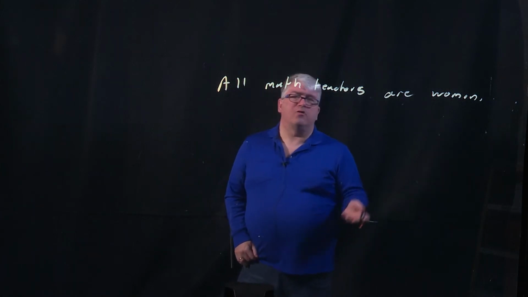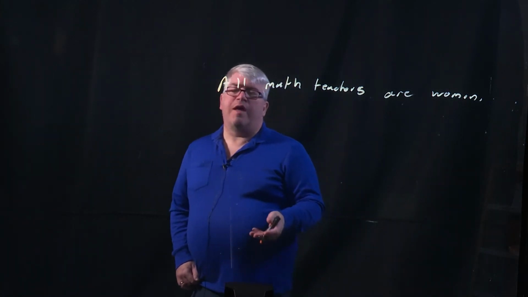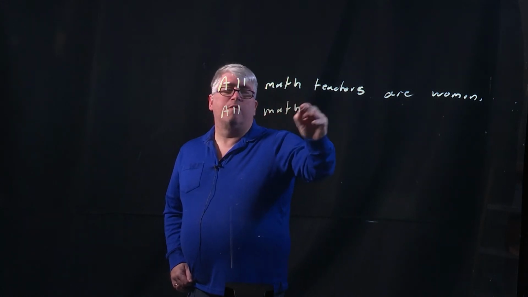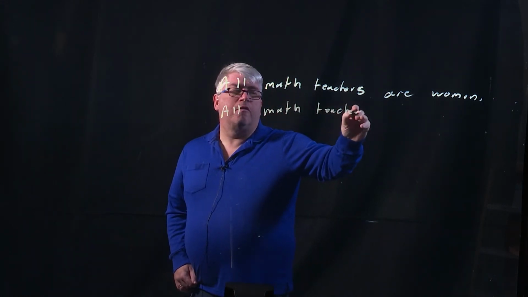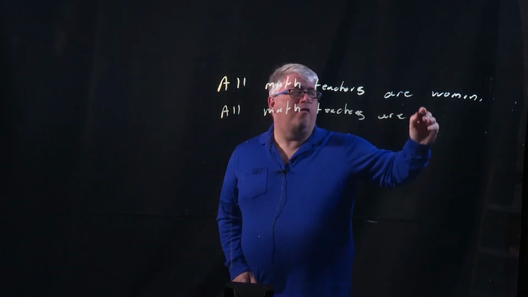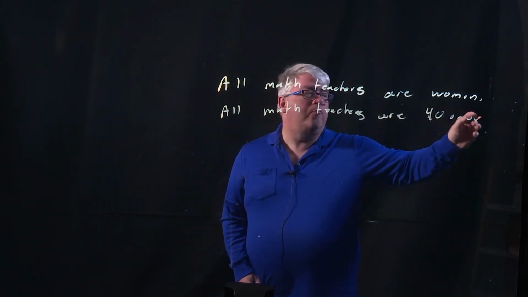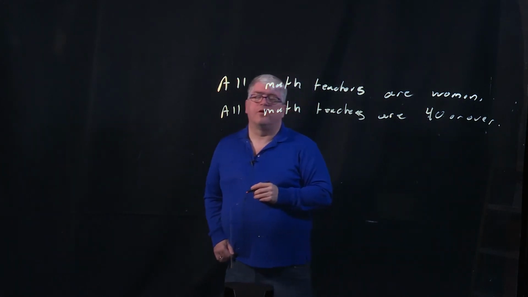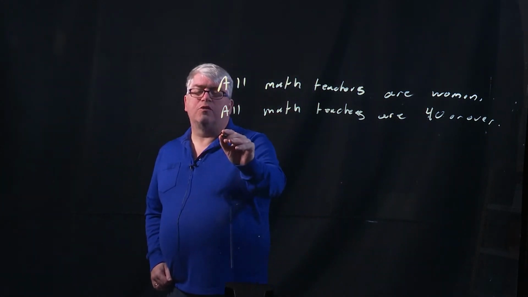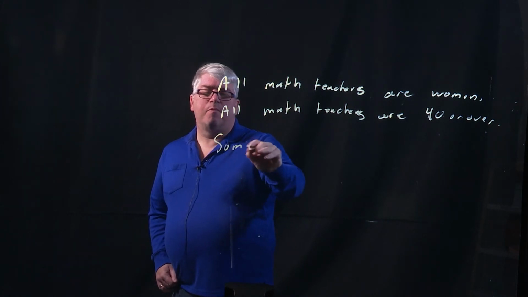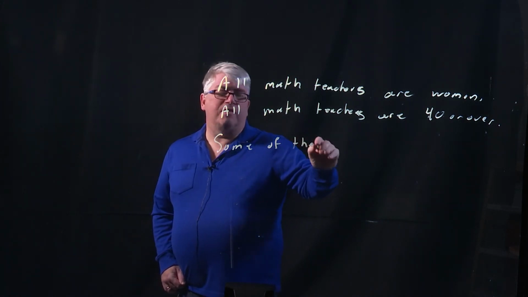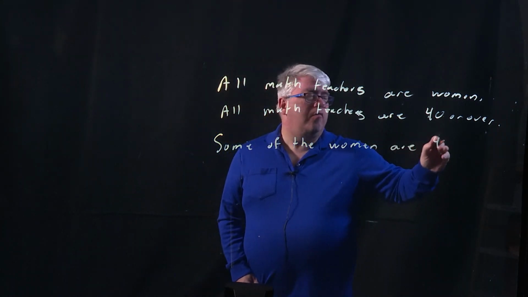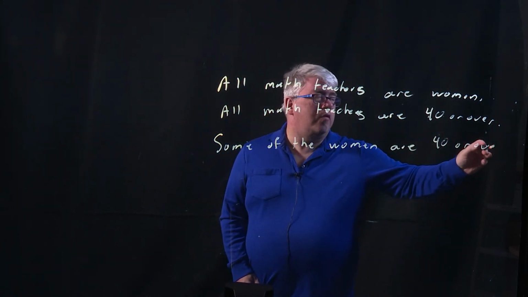And let's say also that all math teachers are 40 or over. So the conclusion I might say is some of the women at this college are 40 or over.